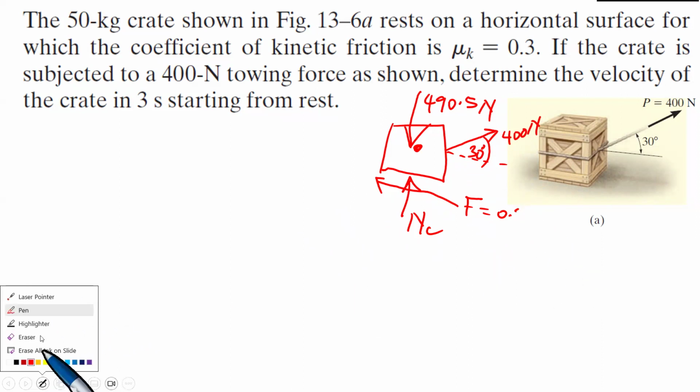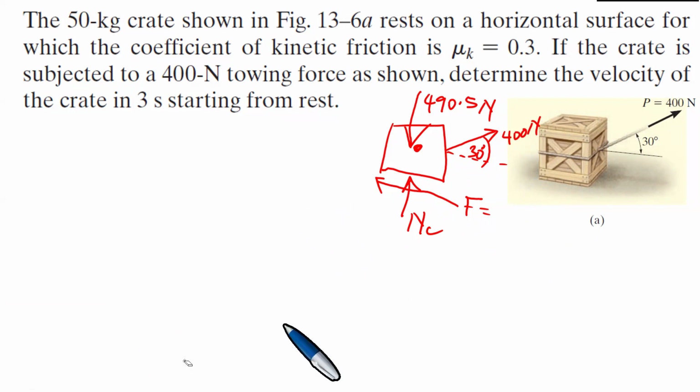I want to write the following formula for clarity: mu k times the normal force, which is 0.3 because that is the coefficient of kinetic friction, times N sub c.